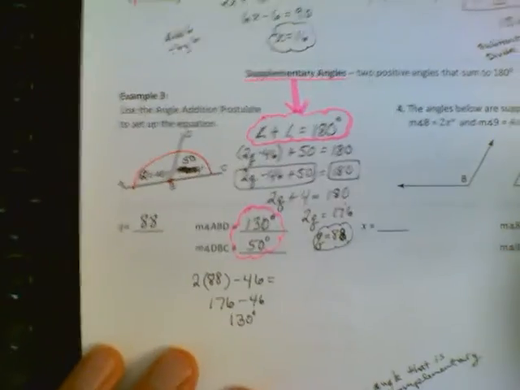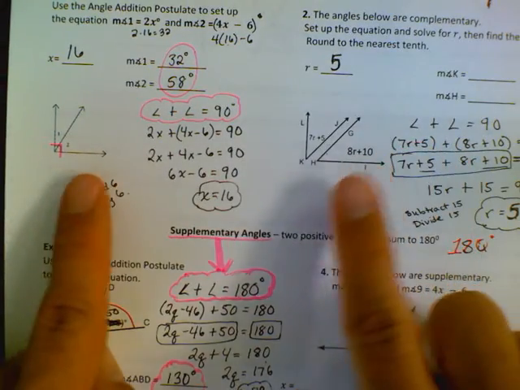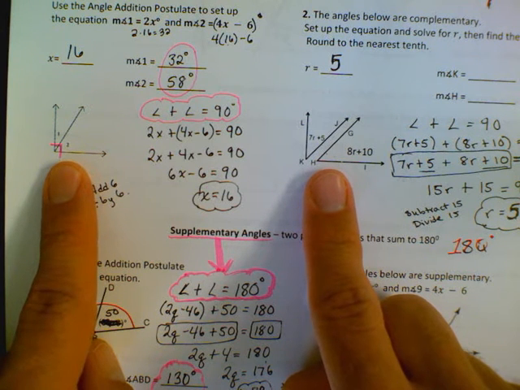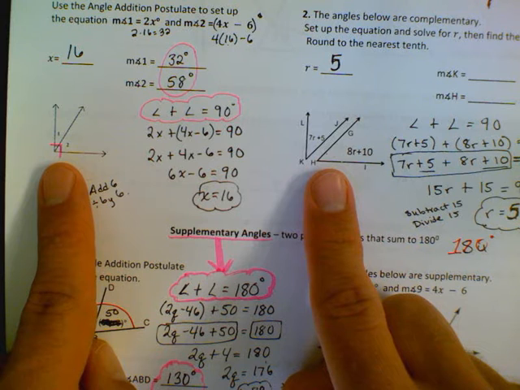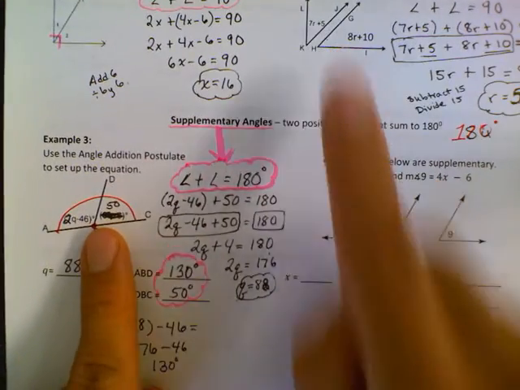All right, so there's something strange that is happening with these two problems up here. What's the difference between them? The one on the left, what would you call those angles? Versus the one on the right? And how about this one?